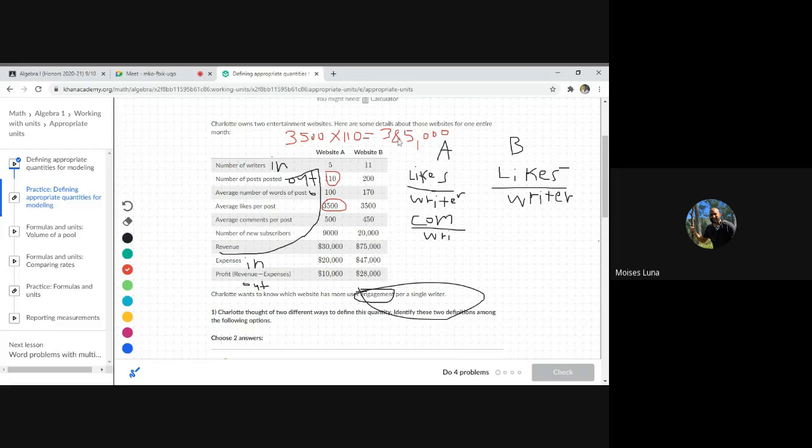So here we have 3,500 times 110 divided by 5. That gives you 77,000. That's going to be website A. Now, website B has 3,500 likes multiplied by the number of posts posted, which is 200 in that case.